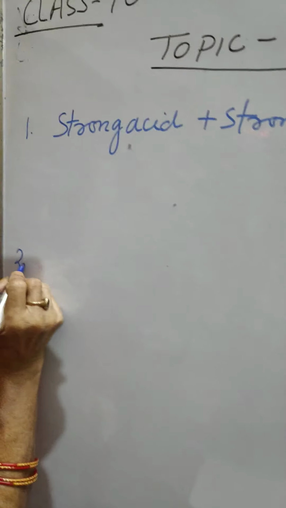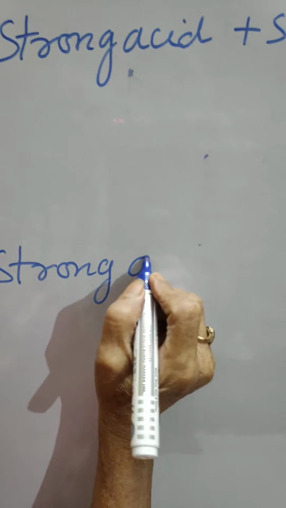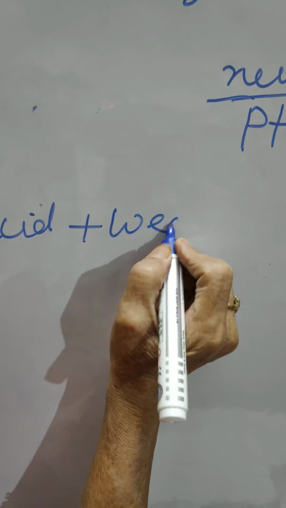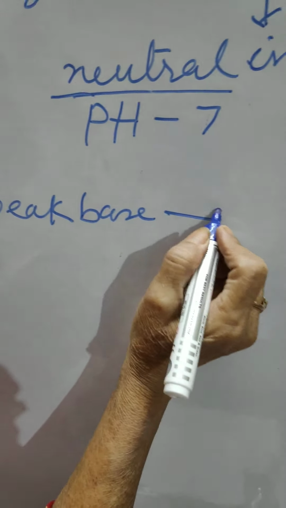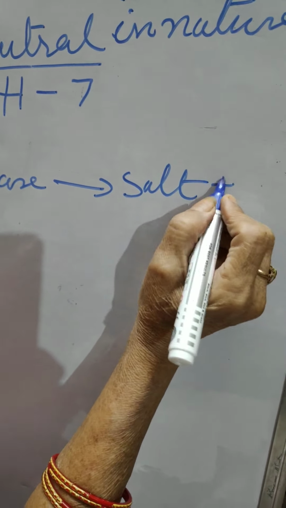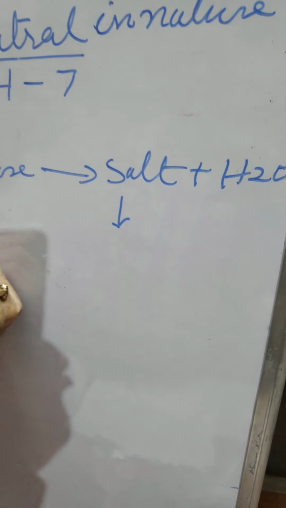Now the second: when a strong acid reacts with a weak base, they form salt plus water, and this salt is acidic in nature.